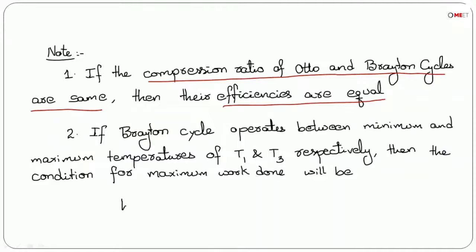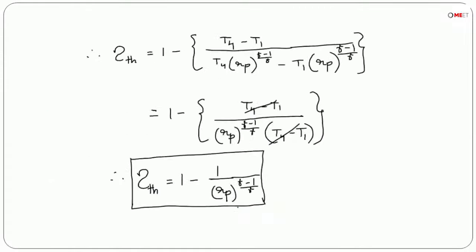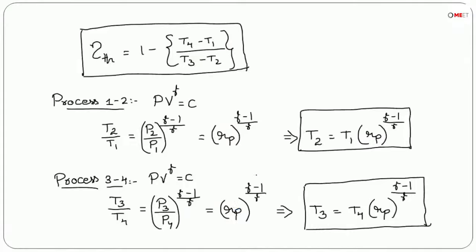Now for this we need to take the work done formula. Work done is mcp (T3 minus T2 minus T4 plus T1). So this is the formula for work done. Now we need to get T2 as well as T4 in terms of T1 and T3. Then only we can determine the condition for work done, just like in the case of Otto cycle. So for that we need to use these PVT relations that we have learnt.